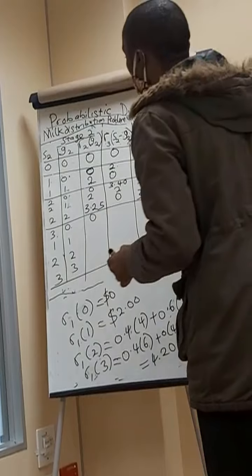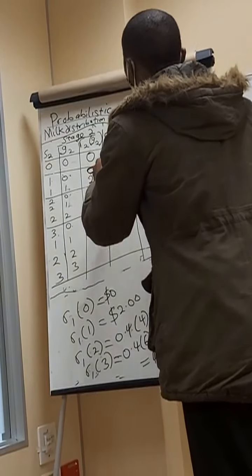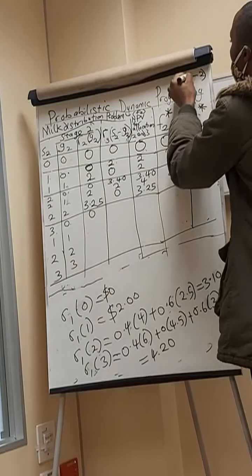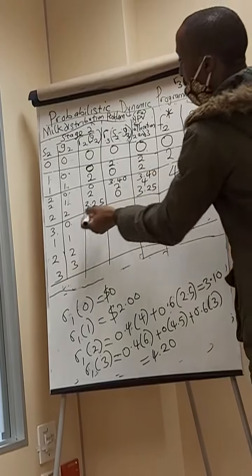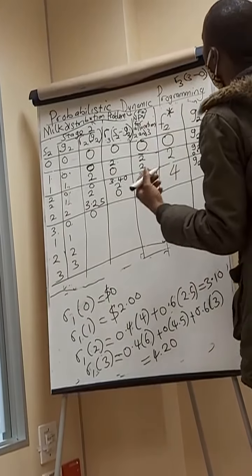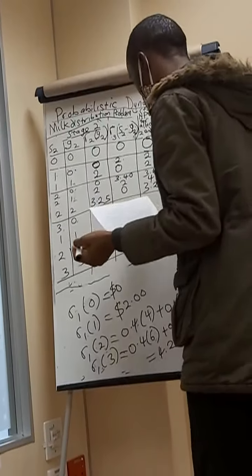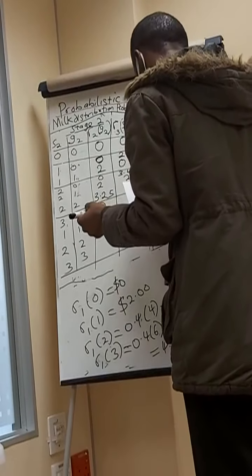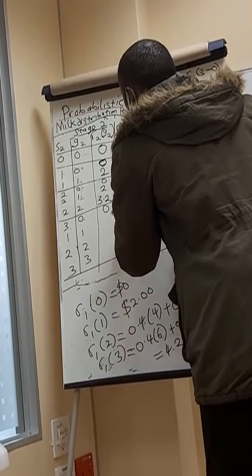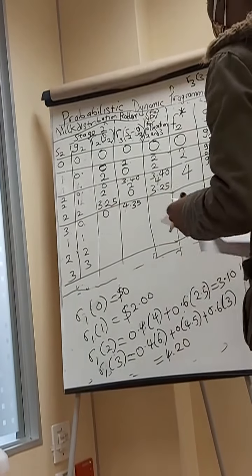Then my S2 at this stage is 3, and G2 is 0. So R3 of 3 minus 0, which is R3 of 3. Remember we calculated our R3 of 3, it gave us 4.35.